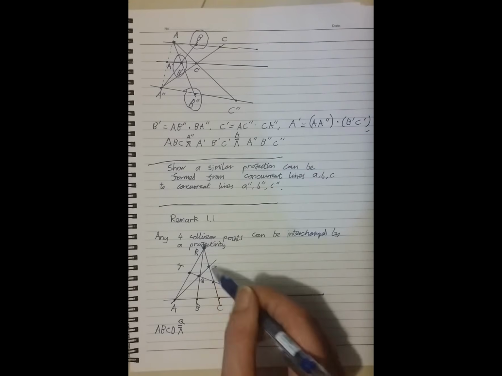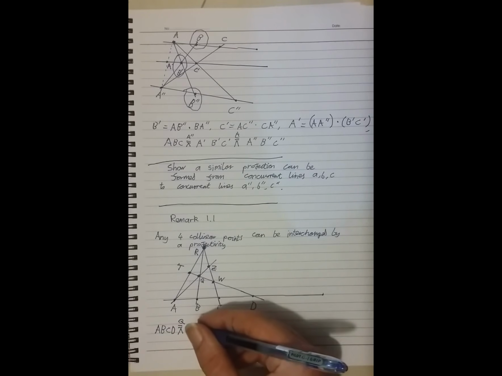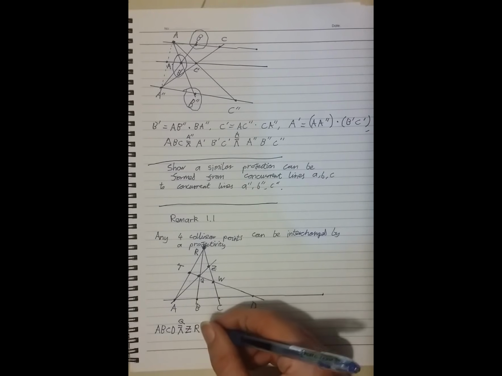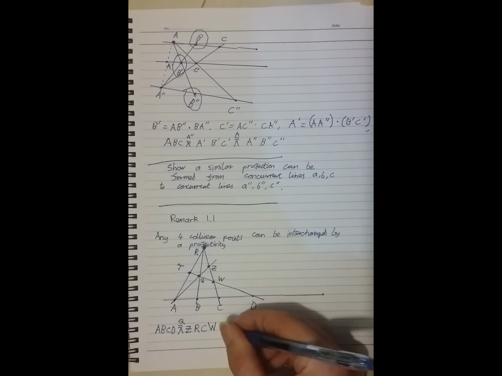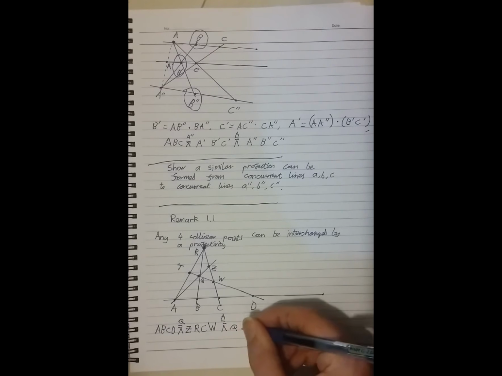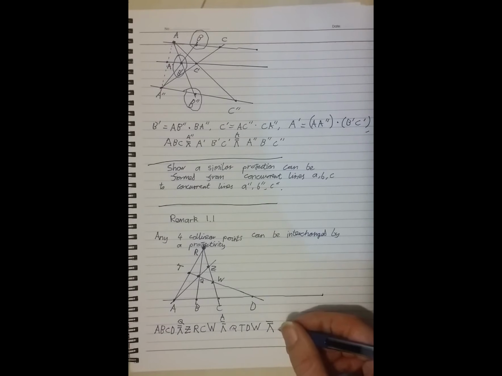So we'll go on to this line here, and that's going to end up sending A to Z, B to R, C stays invariant, it doesn't move, and D gets sent to W. So now we do another perspectivity, this time about A, and we get Q, T, D, W. And if we do another perspectivity, this time about R, we get B, A, D, C.